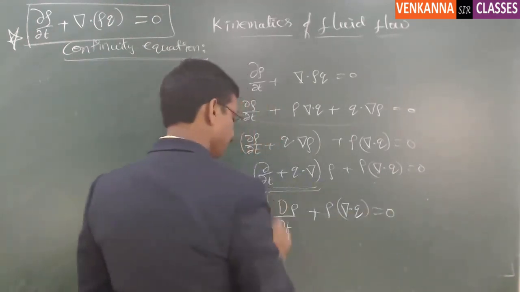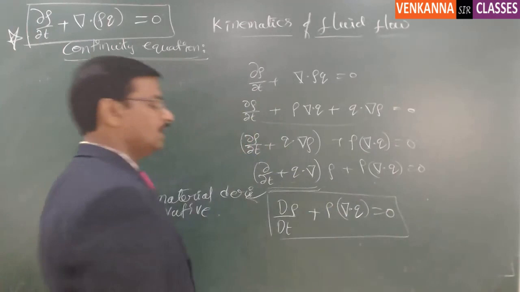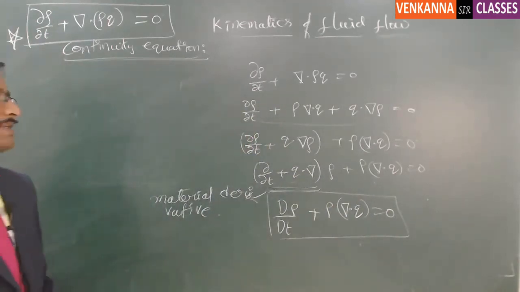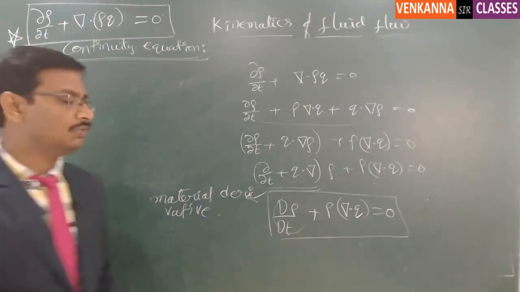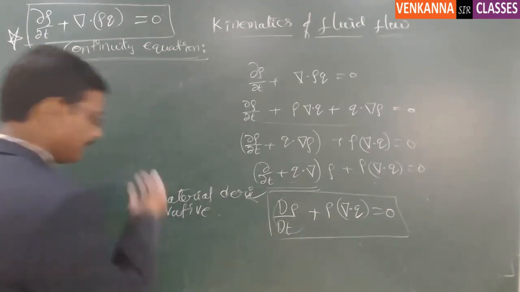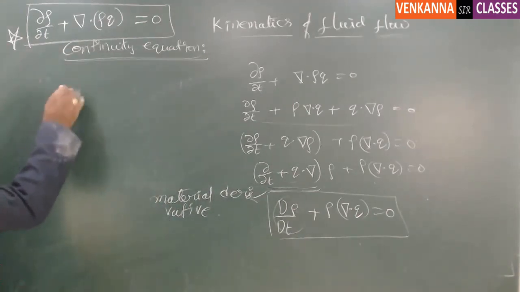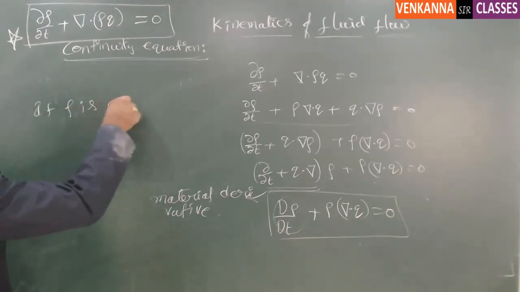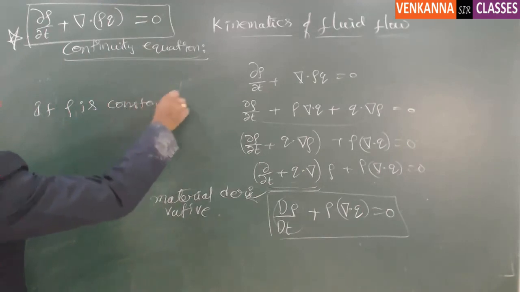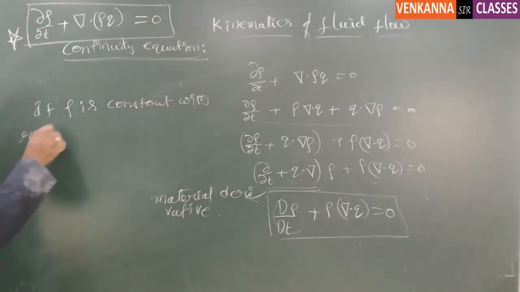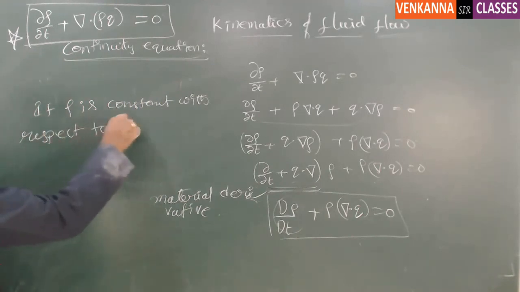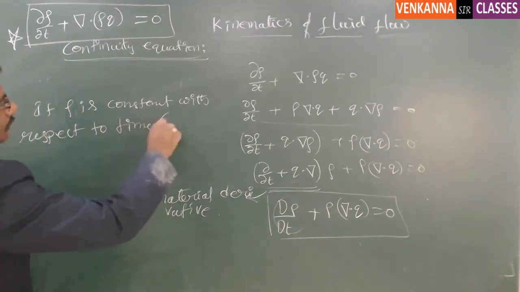Now, if rho is a constant with respect to time, or if it is a steady flow, then dou rho by dou t will be 0. This is also called steady flow.